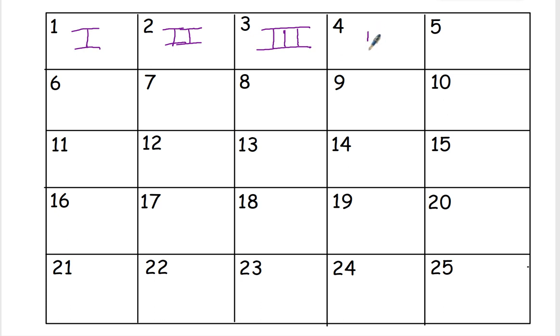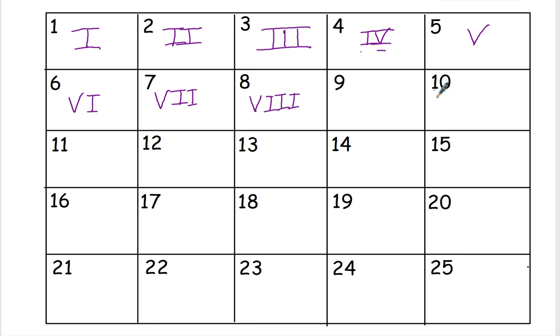So we would put an I and then a V, because V stands for 5 and I is 1. So this shows us that it's 1 less than 5. And then 5 is V. 6 is a V and then an I because it's 5 plus 1 more. 7 is V with 2 I's. 8 is a V with 3 I's because it's 5 plus 3.